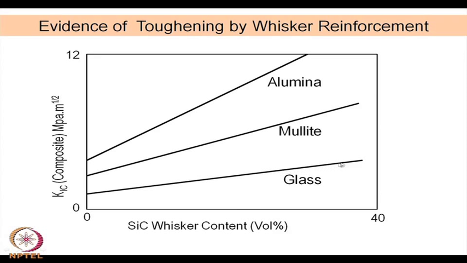Even glass increases, not as much as alumina, but it also improves, mullite is in between. So, these are some of the real examples of how the toughness can be increased by reinforcement.